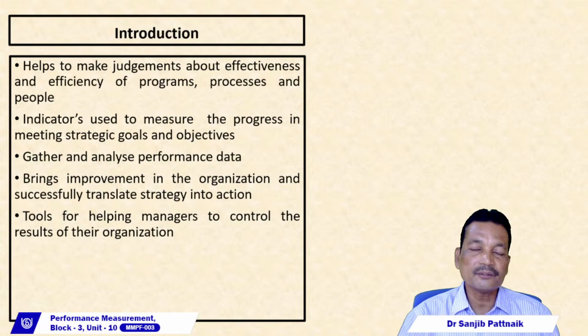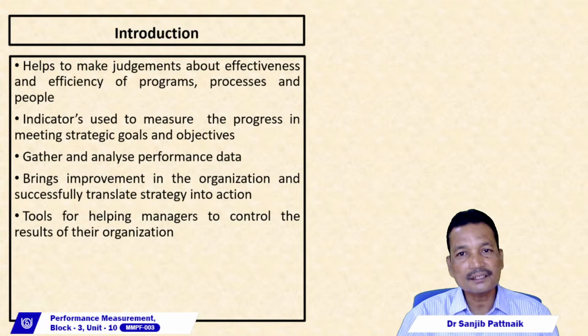They show you at what level the temperature is in digital form. This is one typical example. We can have thousands and thousands of examples of indicators that help us say what the results are or how we can achieve the results.